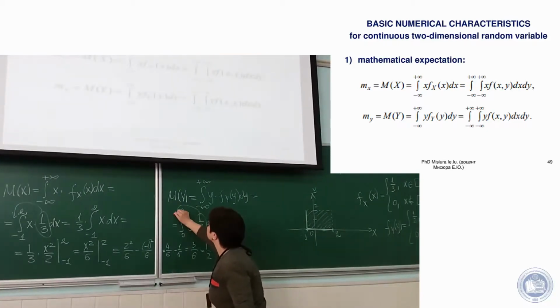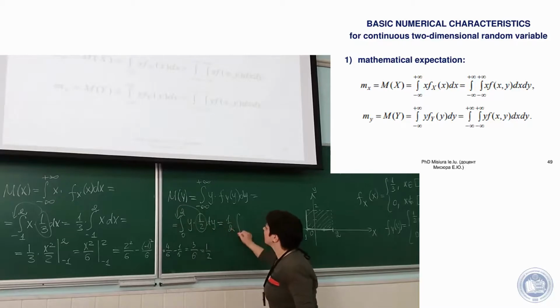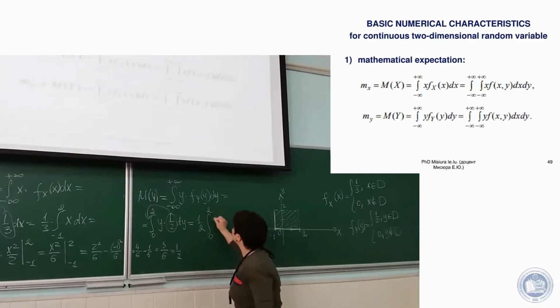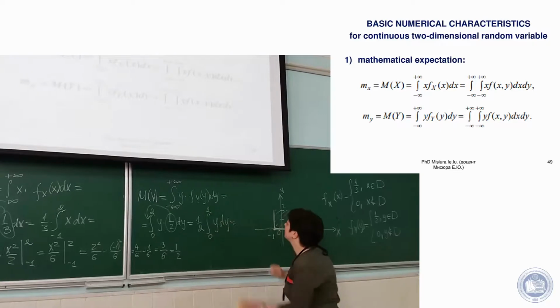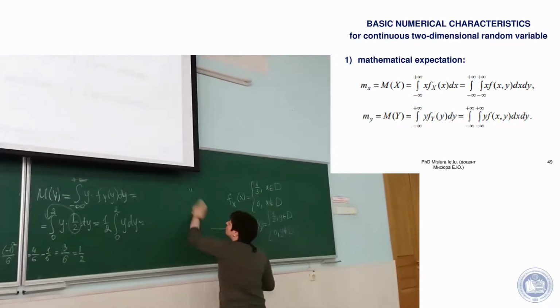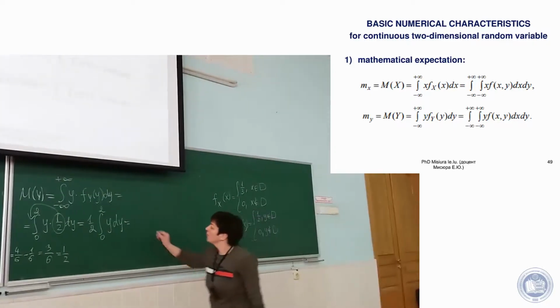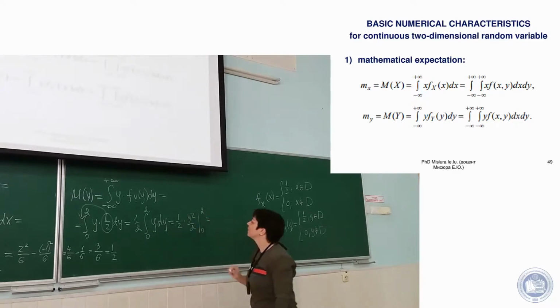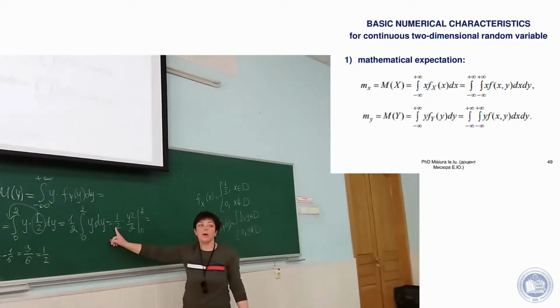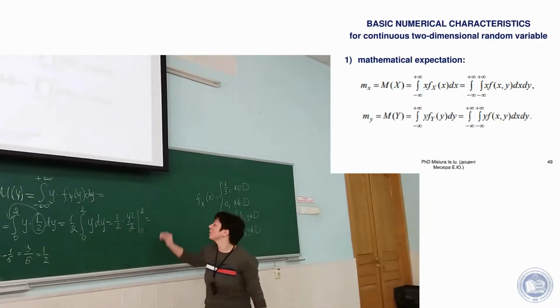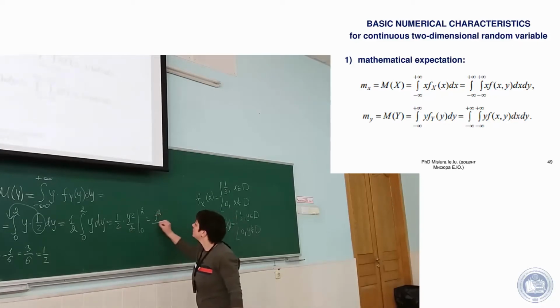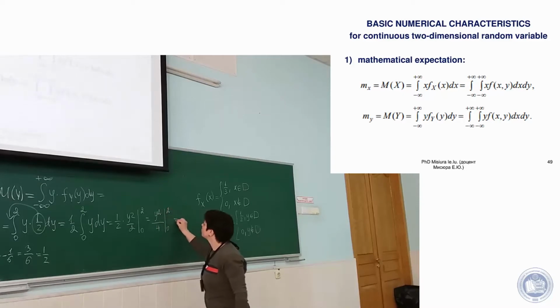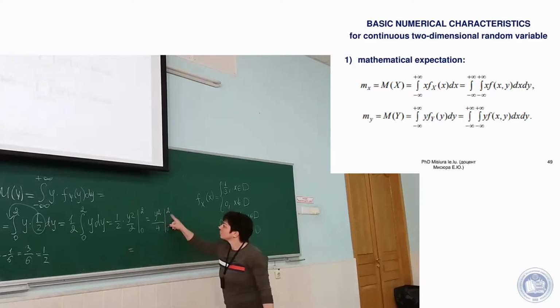Let's take out 1 second and get 1 second times integral from 0 to 2 y dy. Okay. Integral of y equals y square over 2, 1 second times y square over 2 with double substitution from 0 to 2 equals. Can you multiply 2 by 2? Okay. And get y square over 4 with double substitution from 0 to 2. Okay, let's substitute.